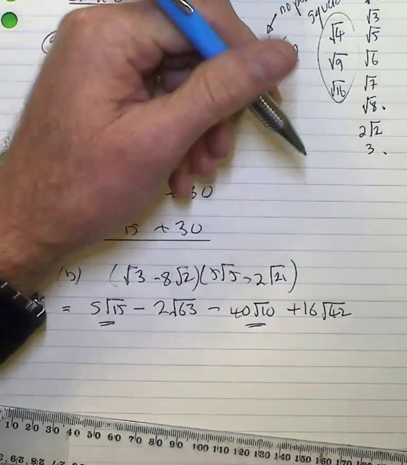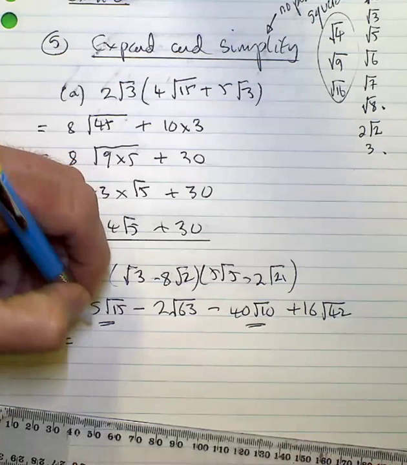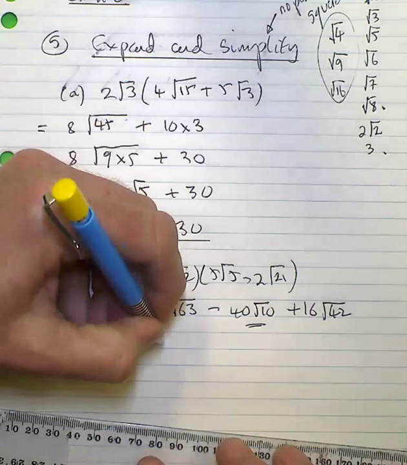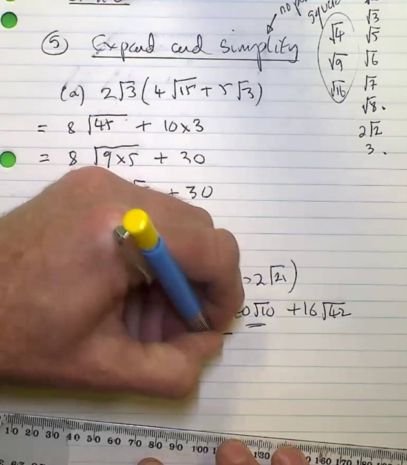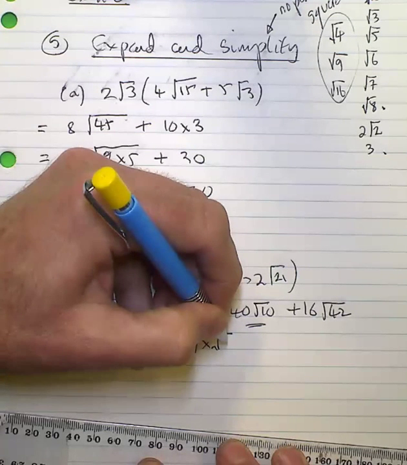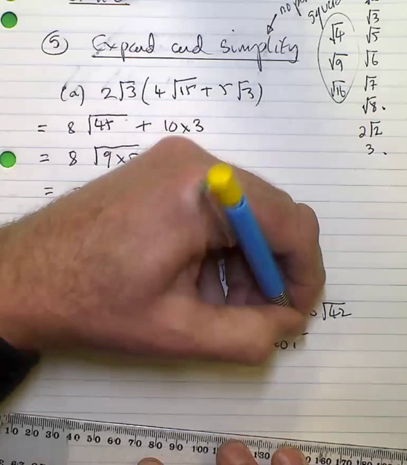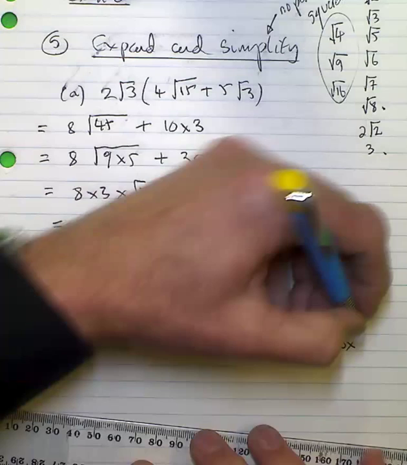So you should already start smelling some common factors there that will come out of the surds. As I said, that's 2 times root 9 times 7, 40 root 10, and 16 root 42.